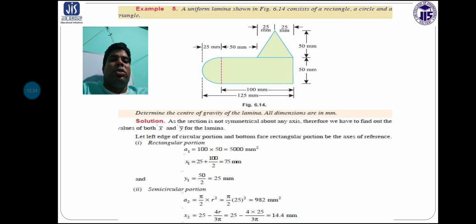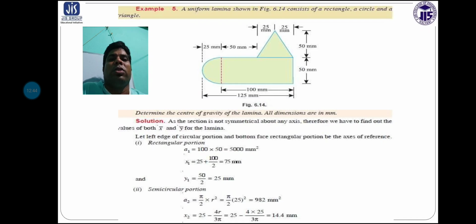As the section is not symmetrical about any axis, therefore we have to find out the values of both x bar and y bar for the lamina. So let the edge of the circular portion and the bottom face of the rectangular portion be the axes of reference.